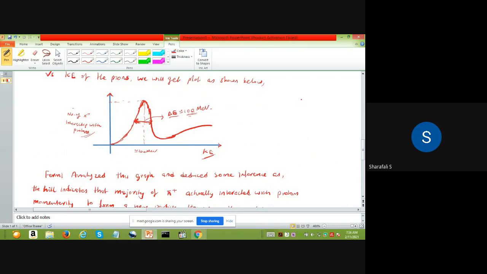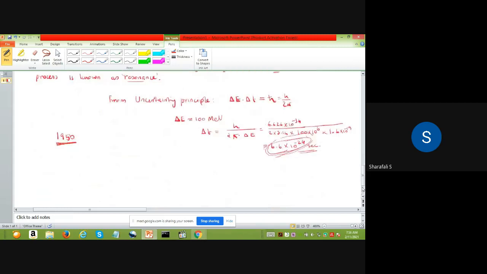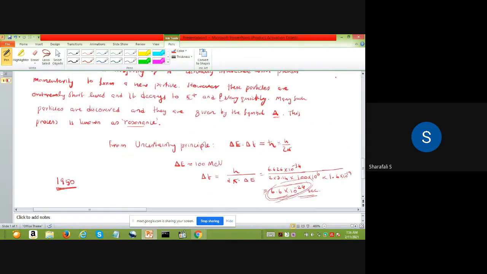Okay, so that is what is happening here, and he inferred that there can be particle creation, and that particle has that ΔE of mass energy, which is nothing but the Δ particle, and that Δ particle might be created in between those interactions.